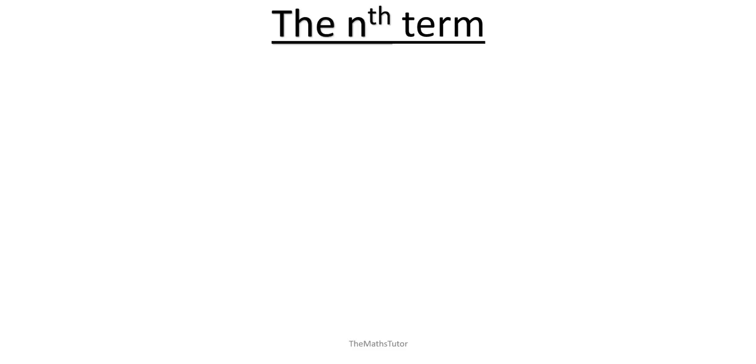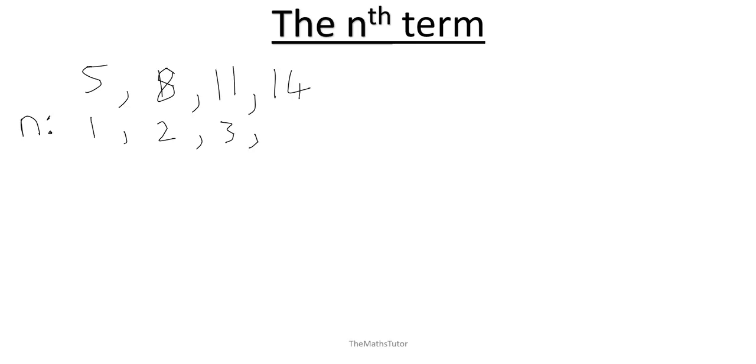To illustrate, if I start with the simple sequence 5, 8, 11, 14, and then I assign each of these numbers its n value: the n value of this 5 is 1 because it's the first number in the sequence. The n value of this 8 is 2 because it's the second number, 3 because it's the third number, and 4 because it's the fourth number in the sequence.